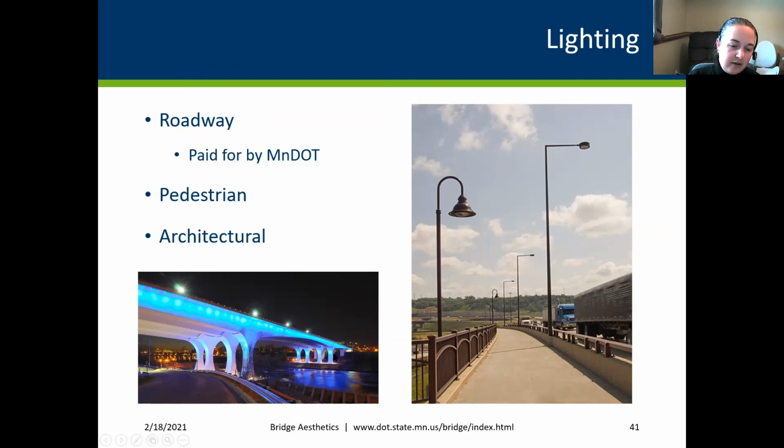And then we also have that architectural lighting that you see like on 35. Hastings has rope lights. Some of our others, like Lowry, have their own lighting systems, even though that's not a MnDOT system. Those types of systems, architectural lighting and pedestrian lighting, are paid for by others.